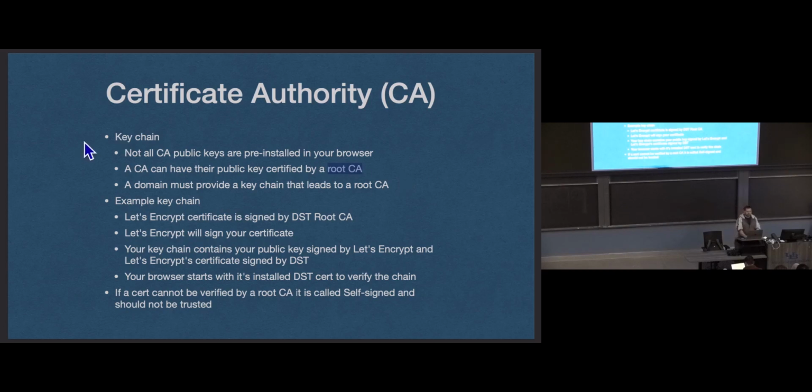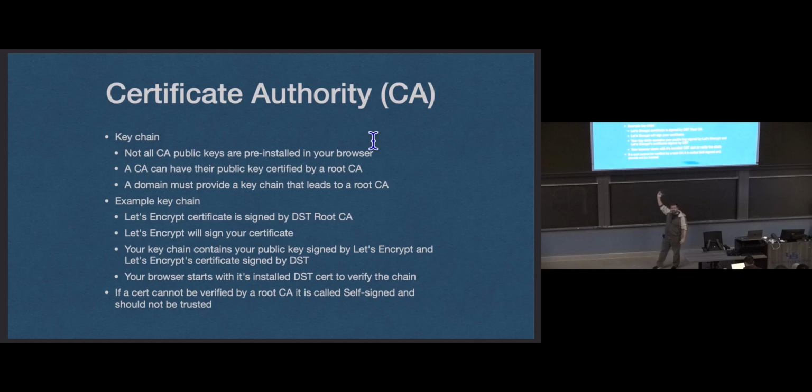So what we do is generate things called key chains that have to end in a root CA. So instead of having your certificate signed by a root CA, you'll have your certificate signed by a certificate authority, just a regular CA, and then that CA might have their certificate signed by another CA, which could have their certificate signed by another CA.